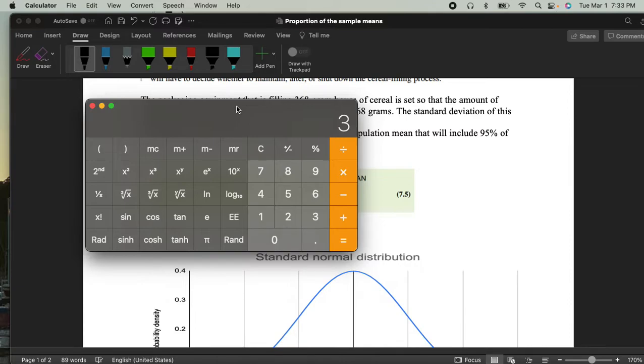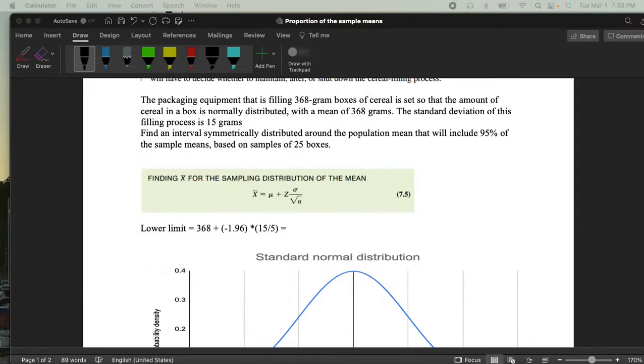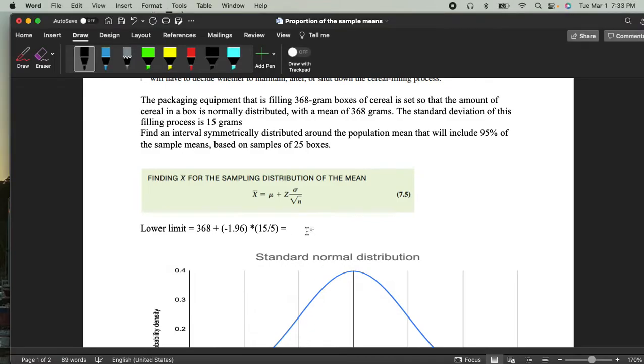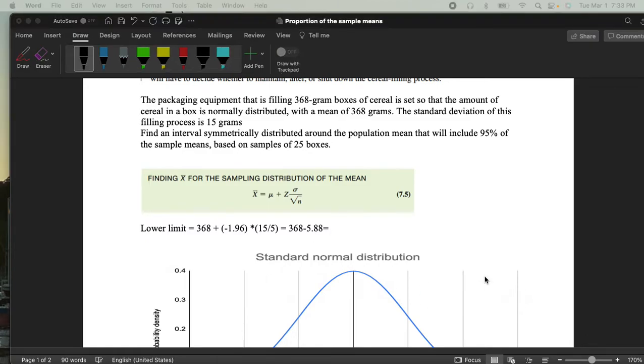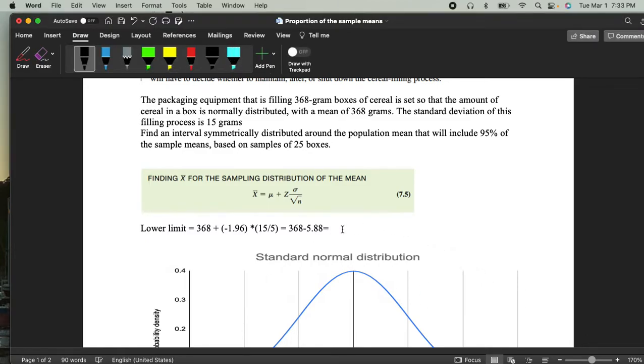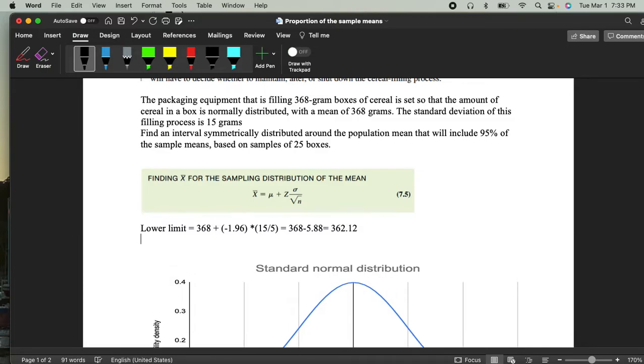And then multiply that by 1.96, and that'll give us 5.88. Remember, this is negative, right? Negative 5.88. So this will equal 368 minus 5.88. And once we do the subtraction, we get that our total is 362.12. And that will be the lower limit.